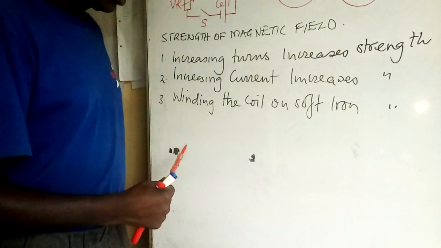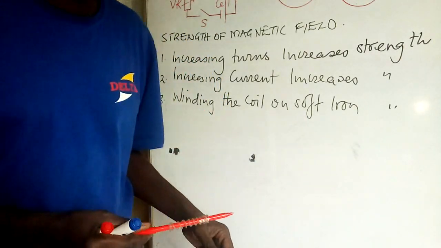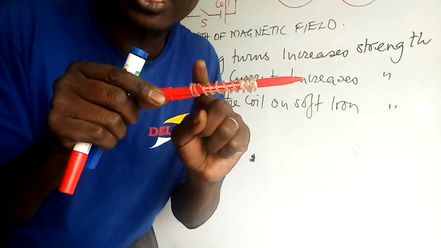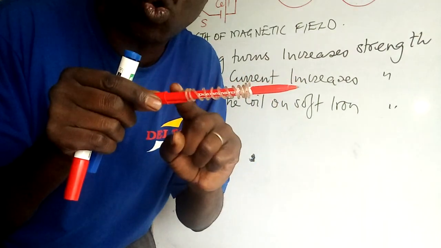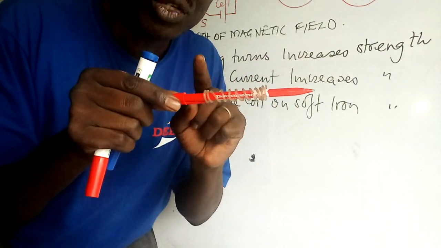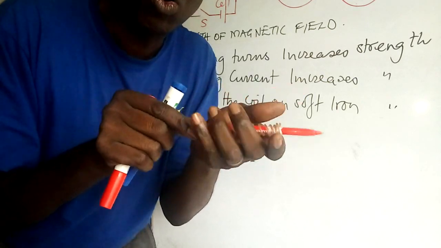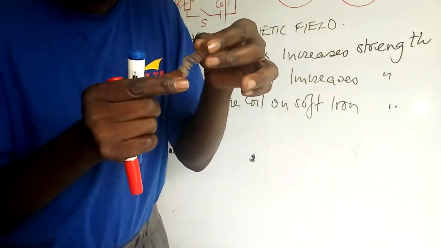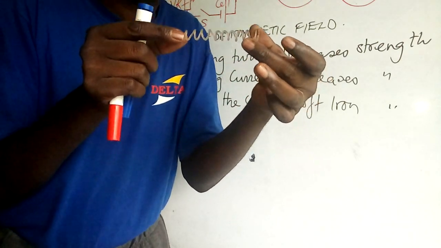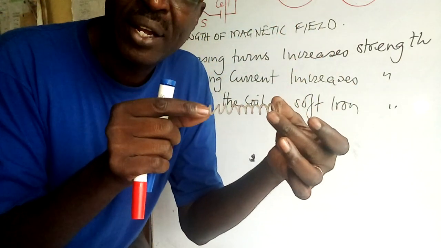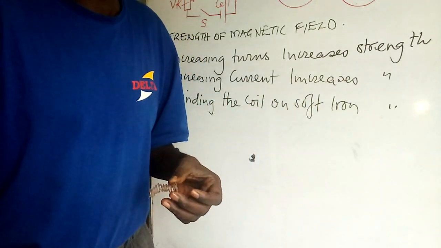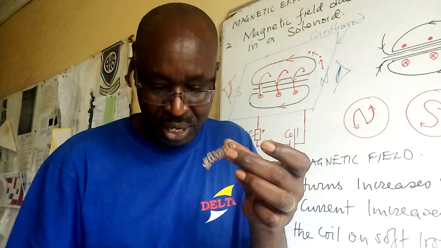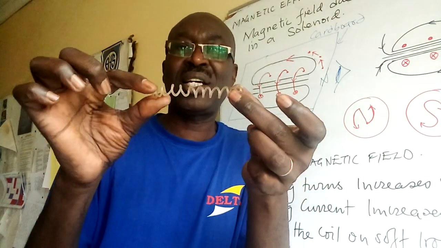Number 3, winding the coil on a soft core. This is a soft core, the red biro. This one has no soft core, it is just a solenoid, an example of a solenoid.